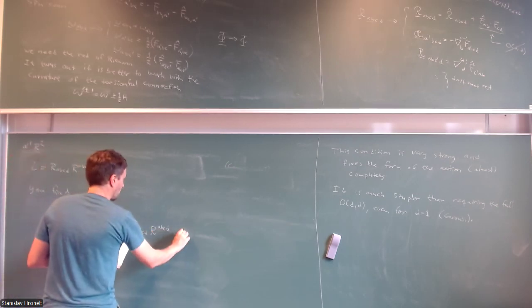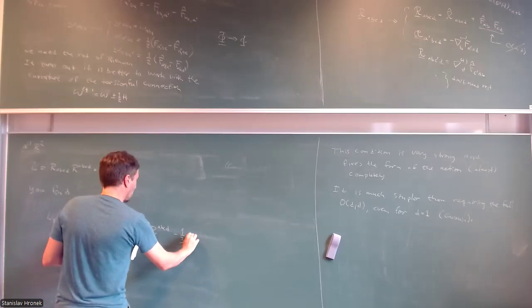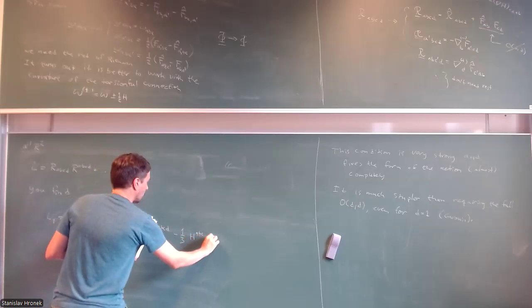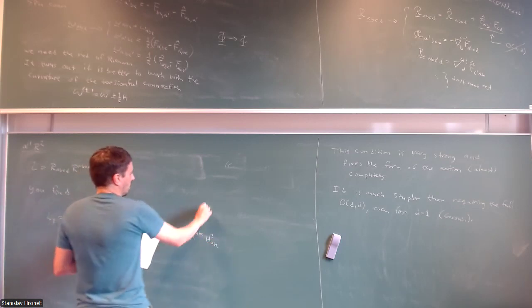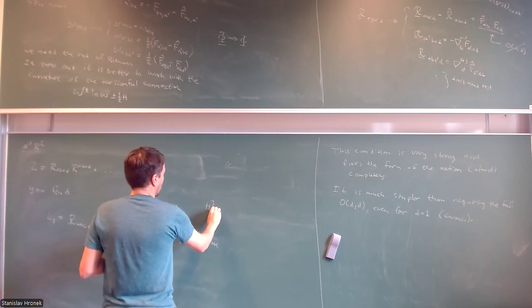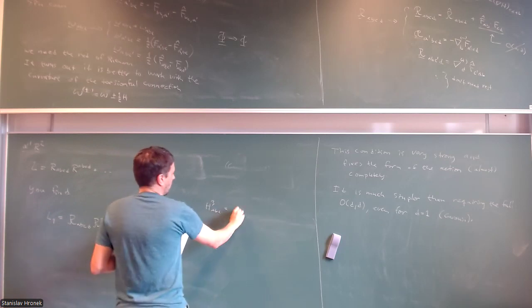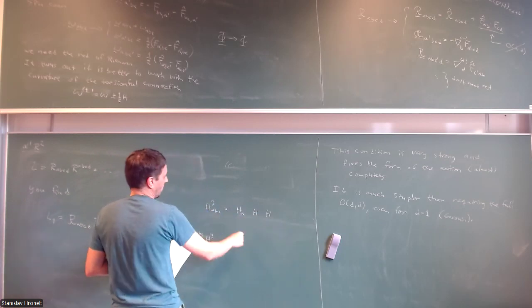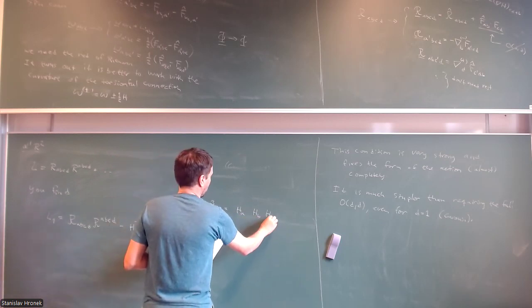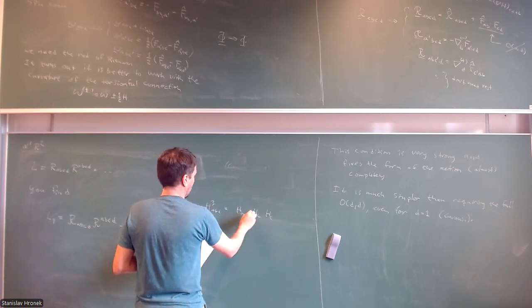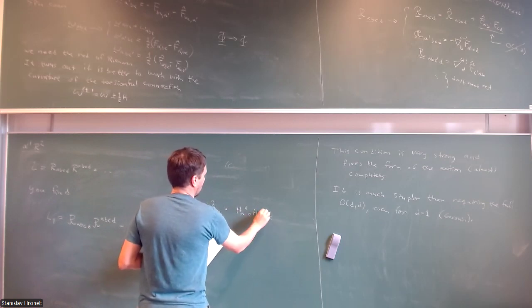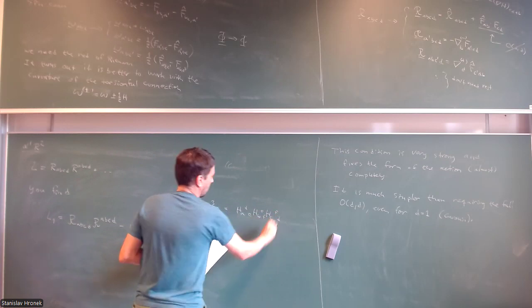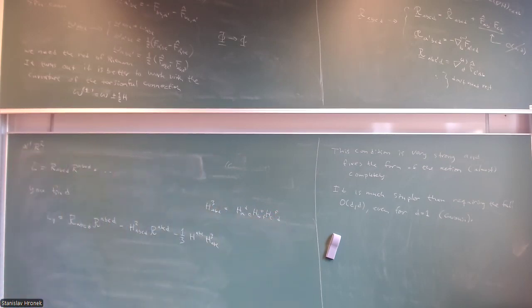And then there's one term that you need, that's 1/3 ABC, h cubed ABC, h squared. It's just 3 h's, with the trace over the last 2 indices. Let's keep the antisymmetric piece. And this is the answer.